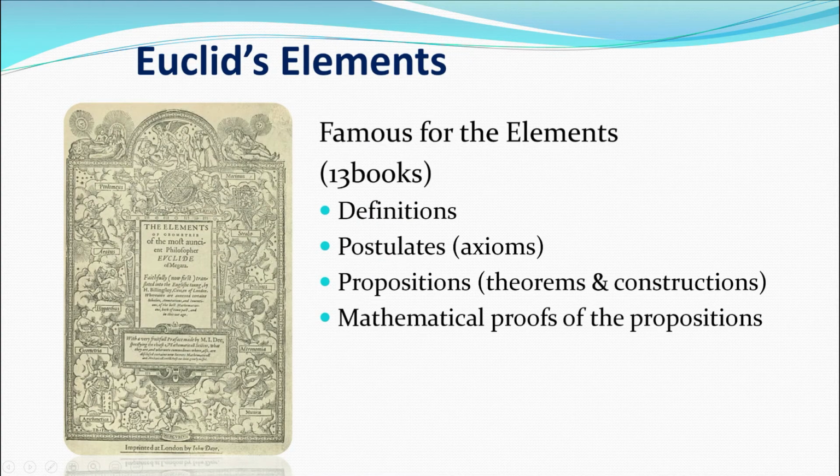Furthermore, Euclid developed famous books called the Elements. So he developed 13 books full of definitions and postulates and propositions and mathematical proofs of these propositions as well. And the main 5 postulates that Euclid developed are as follows.